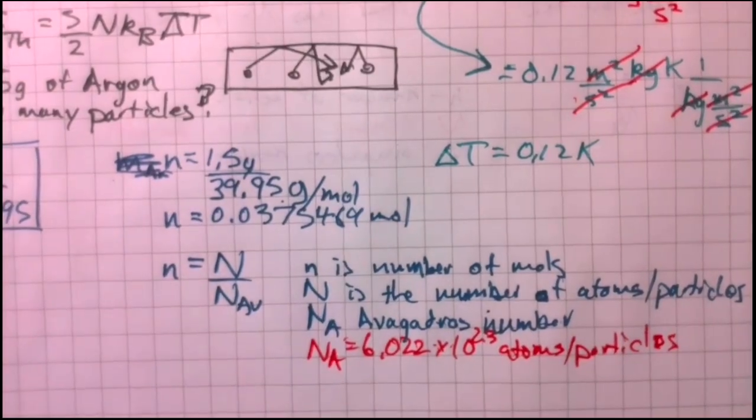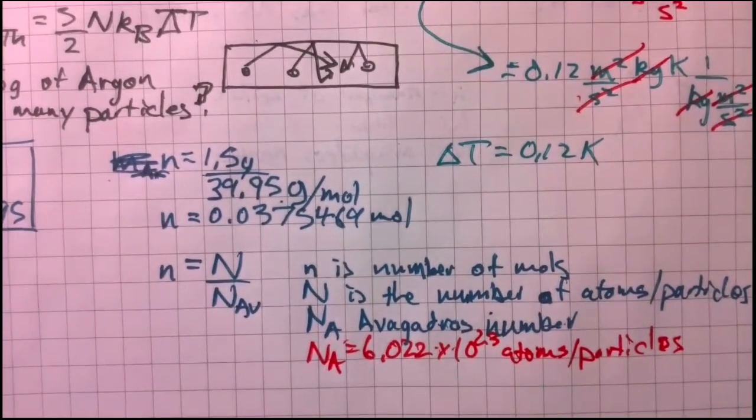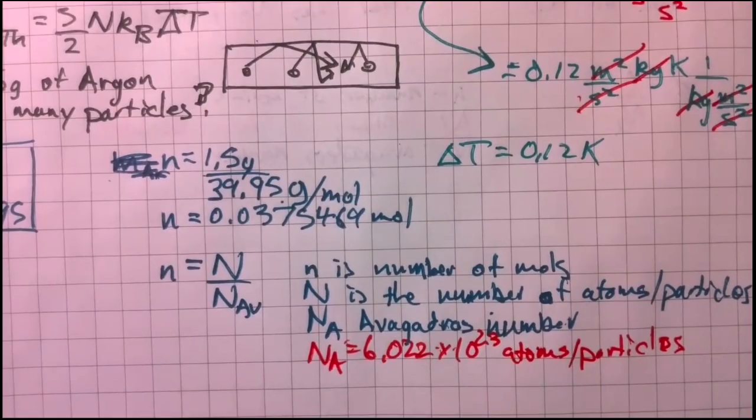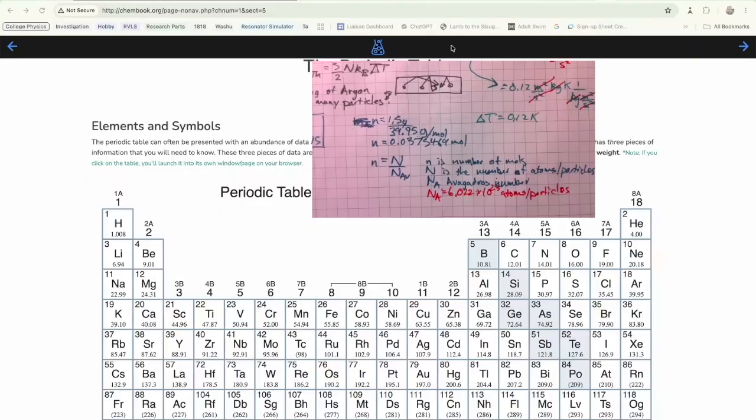Now, why do I keep saying atoms or particles? Well, if you have a diatomic gas like oxygen, then it's the number of molecules. If you have a gas like argon, argon is not a diatomic molecule, it is a single atom. So argon is a monatomic gas. And how do you know if it's monatomic or diatomic? Diatomic would be like oxygen.